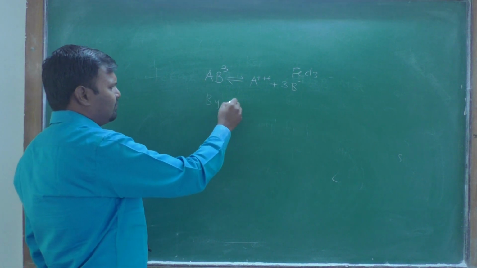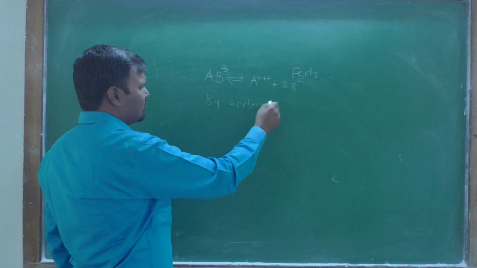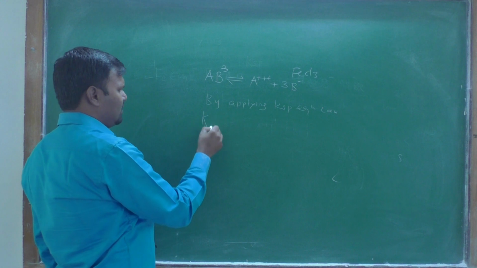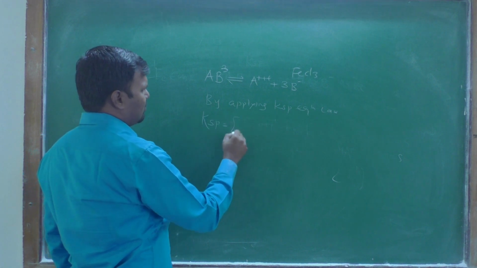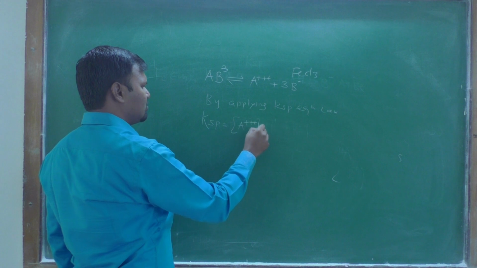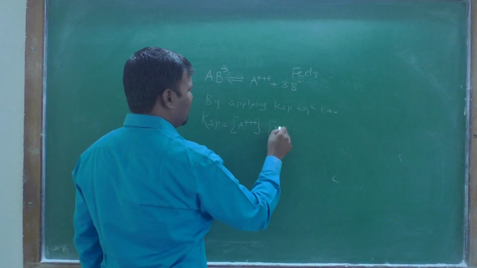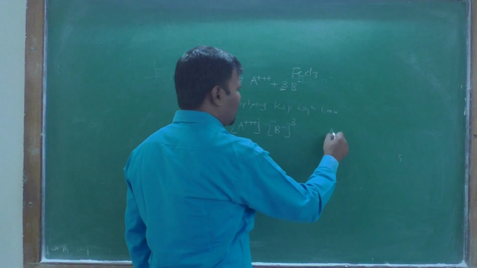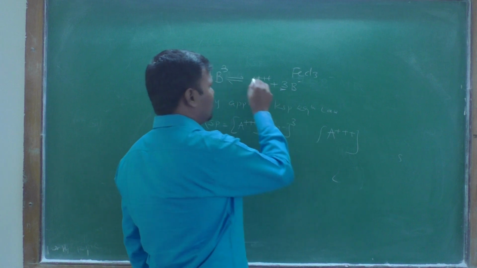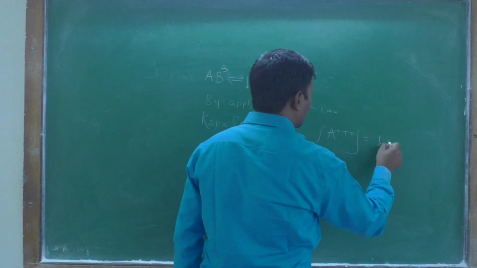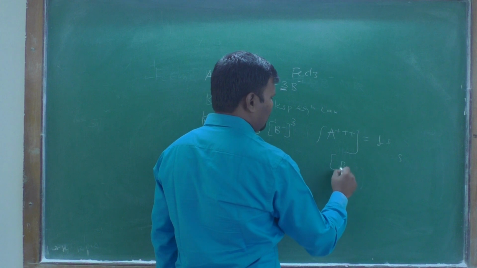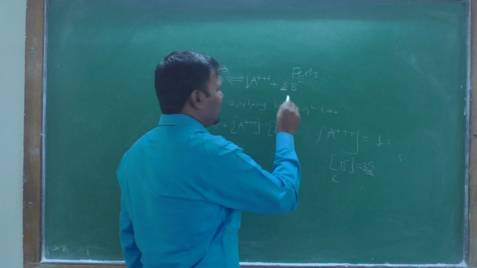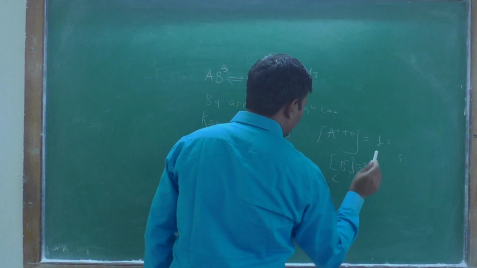By applying the solubility product law equation, we will obtain the Ksp, equal to the concentration of A+++ and the concentration of B- raised to 3. Therefore the solubility for A+++ is 1S, and since 3 is there, the solubility for B- is 3S.